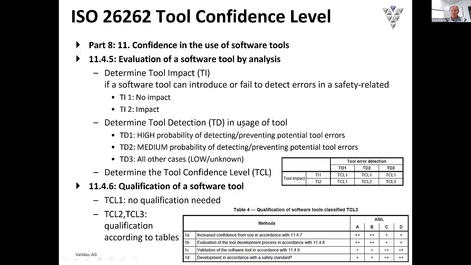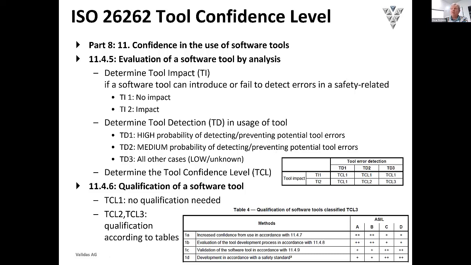Now, let's take CTC as an example for tool impact. CTC is not like a compiler. It does not really bring something into the product. If the compiler compiles a correct program to a wrong executable, this is dangerous and goes directly into the product. CTC is not like this, but does it have an impact?